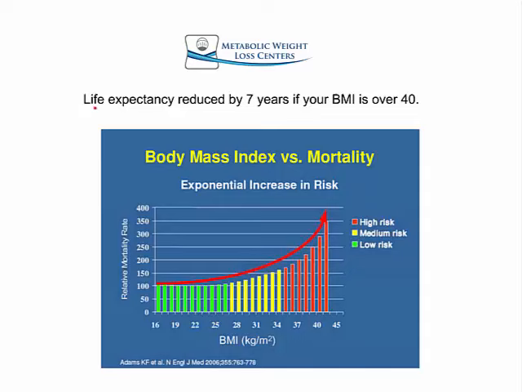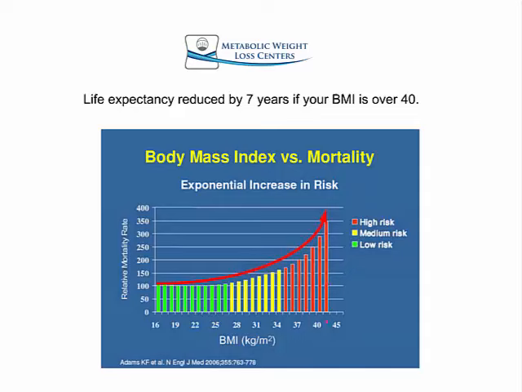Studies have shown over the years that patients who have a body mass index over 40 will have their life expectancy reduced by 7 years on average. And if you look at this graph that shows body mass index versus mortality, you can see that the relative mortality rate, which basically just means the number of patients per 1,000 that are dying, really goes up quickly as a patient's body mass index goes up.